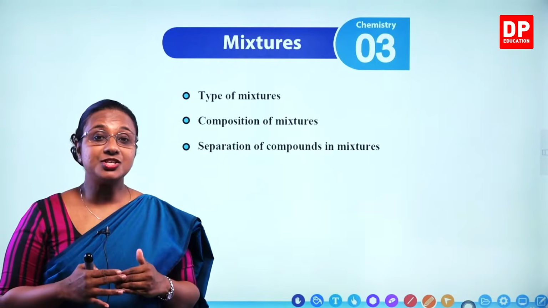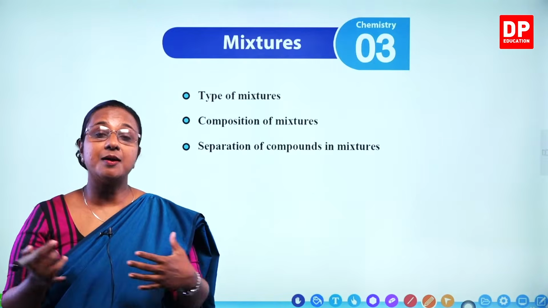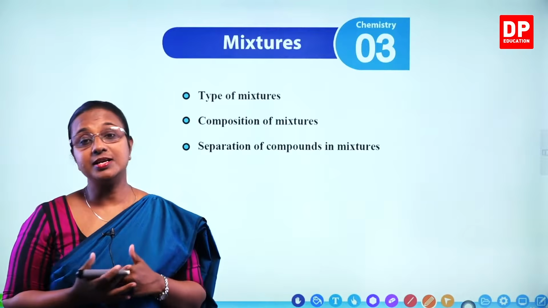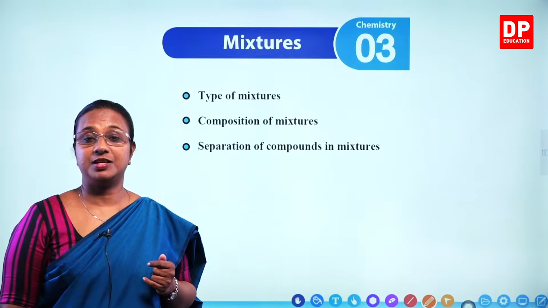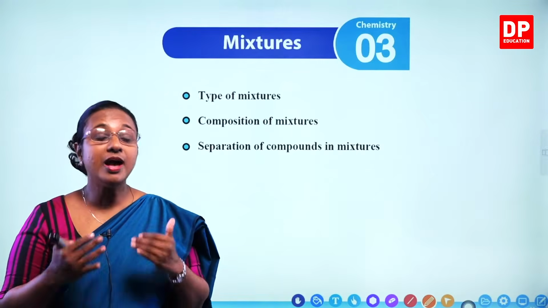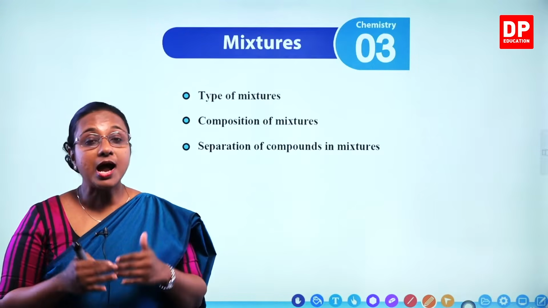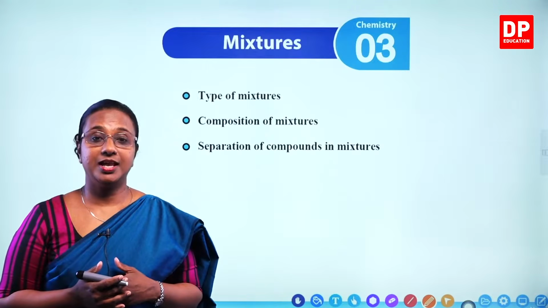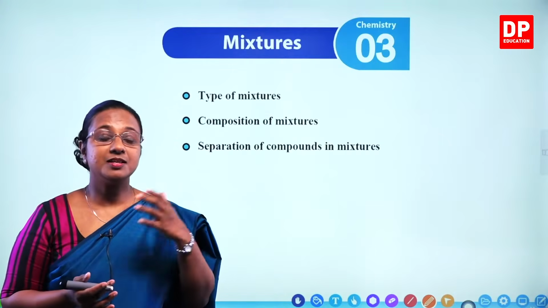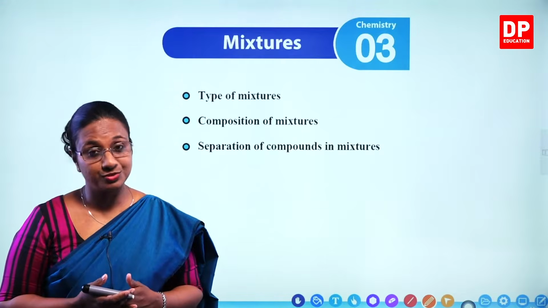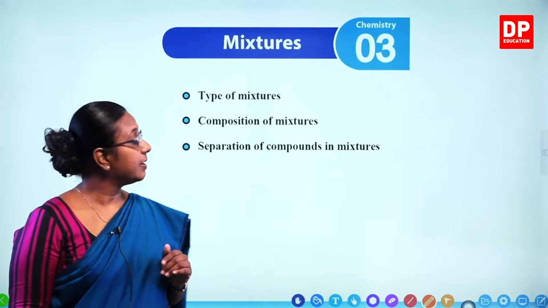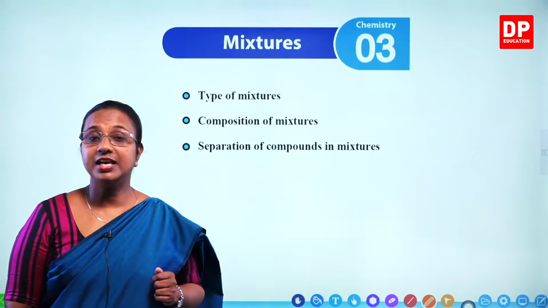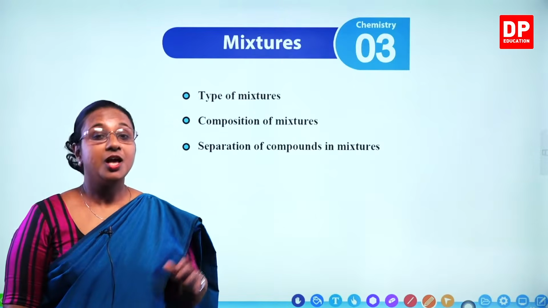And in each type, the components are mixed in different quantities. That is why we need to learn the composition of mixtures. And when you have a mixture, if you are unable to separate out anything, then sometimes the mixture is not useful to us. So that is why we need to know separation of compounds in mixtures.